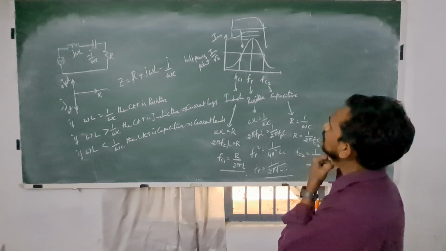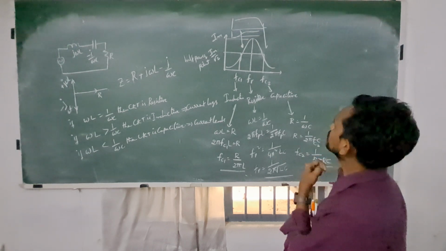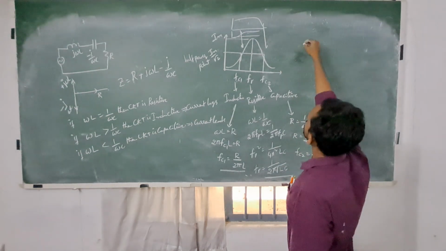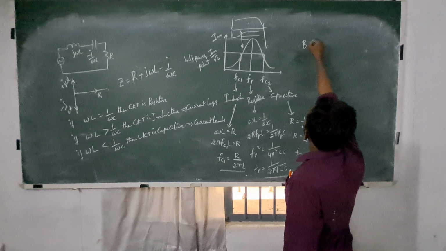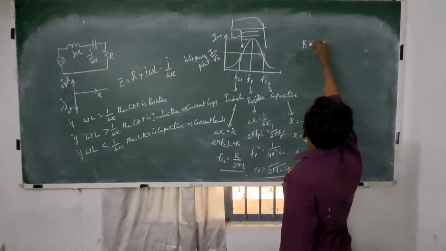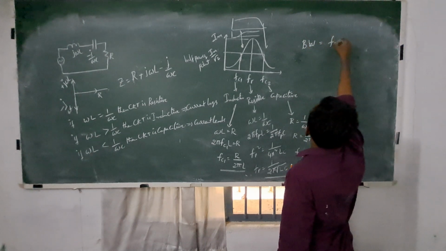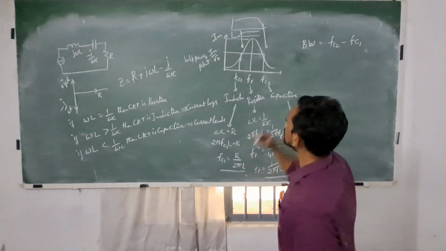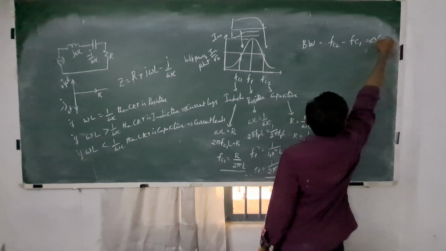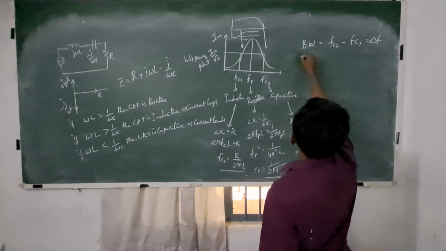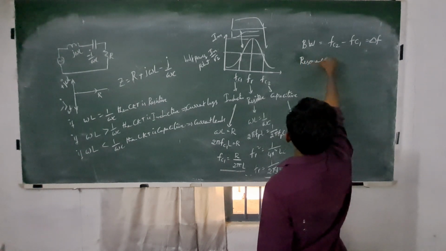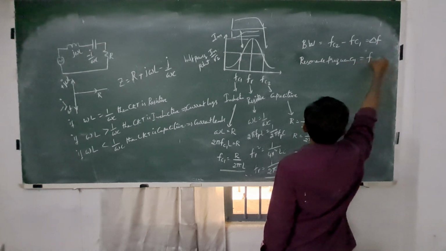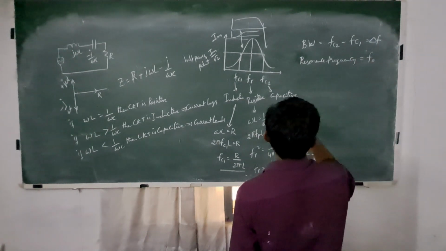And finally, we have to calculate the bandwidth or quality factor. I am defining bandwidth, which I call delta F, and the resonance frequency F naught, or F, or whatever it is.